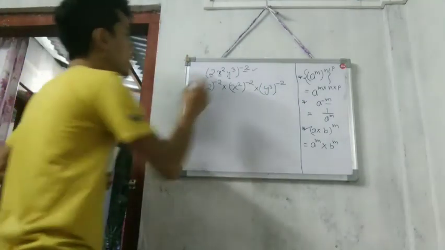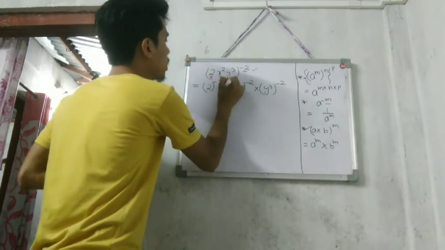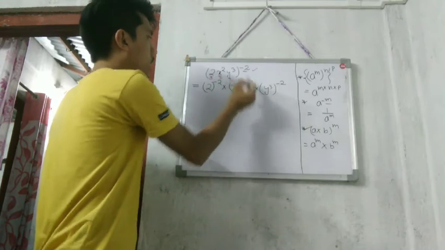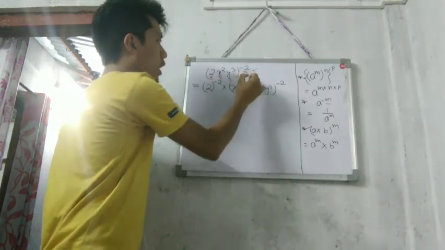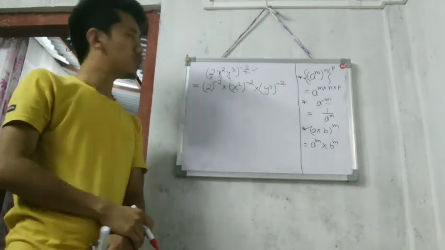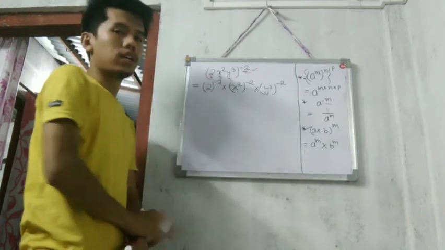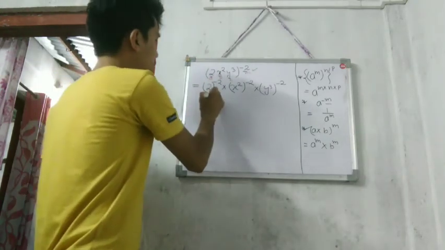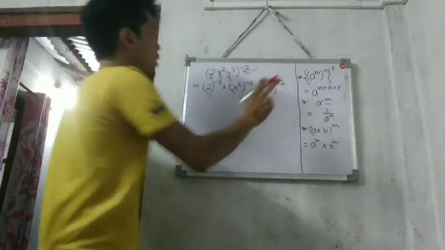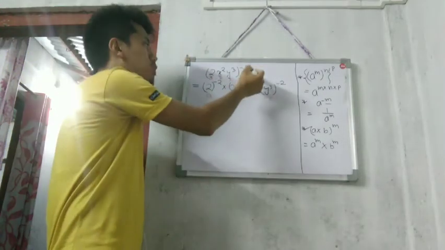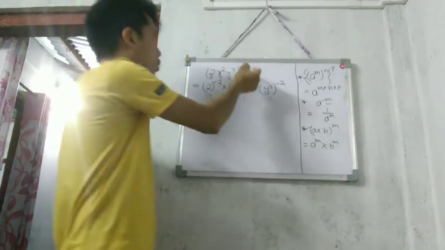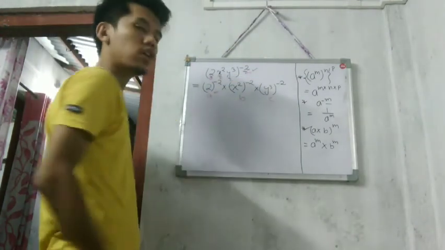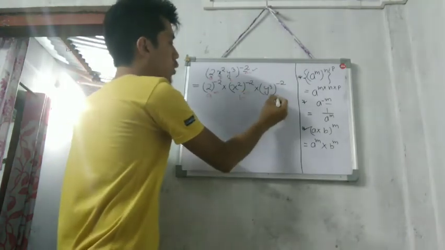Now let's say these numbers are a, b and c, and suppose this power is m. See the step here. What I have done is that a, b, c remain in the multiplication, and the power goes with each individual number, with a, with b, and with c.